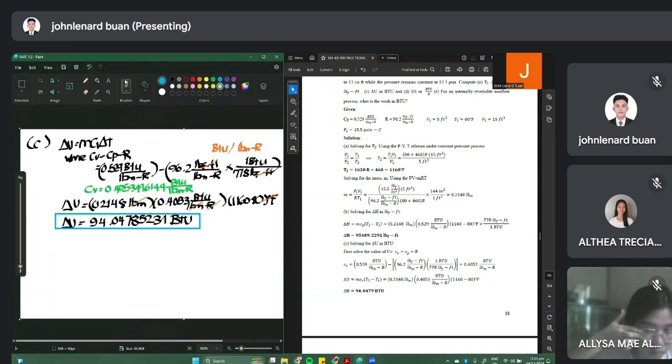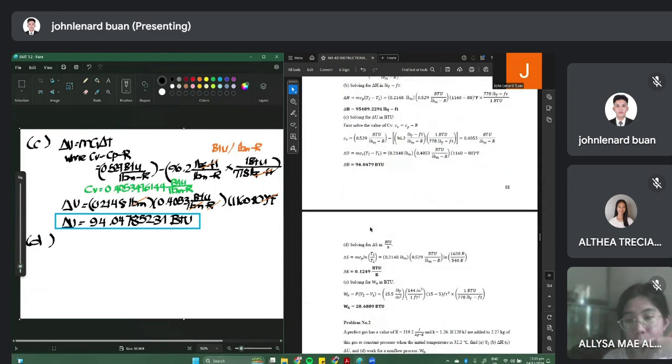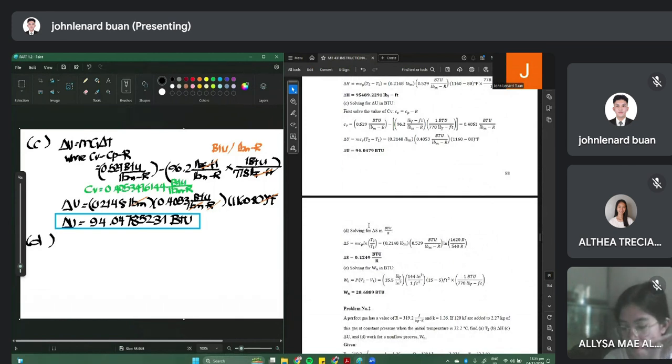And then, for letter D, we have here find the entropy or delta S. From the equation, pwede natin makuha ang delta S using mCP ln T2 over T1, since ang given sa atin ay T2 and T1.